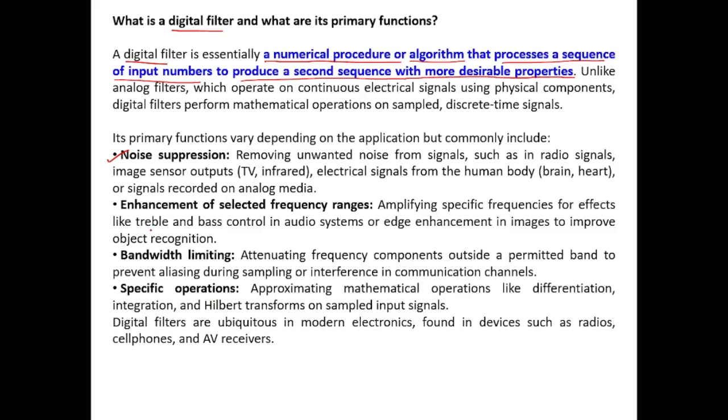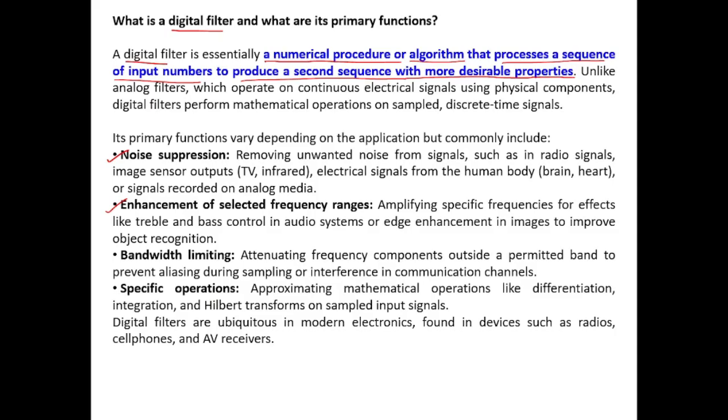Then enhancement of selected frequency ranges, as we have been discussing. We want to do some enhancements in the region. A common example is the EEG signal. EEG signals are very weak signals, and since they are very weak, we might be interested in amplifying the signal before we go for some analysis.